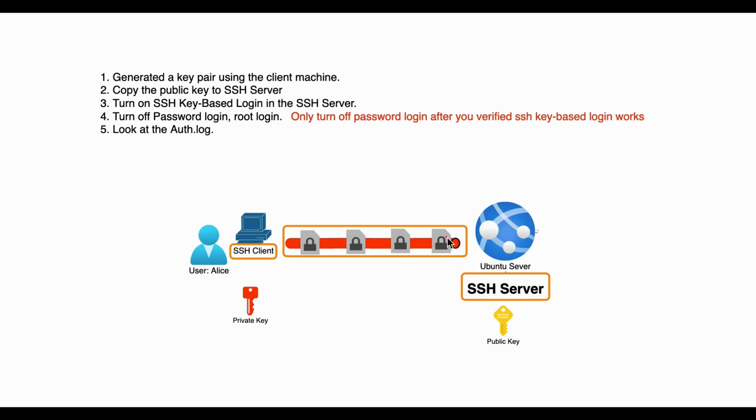login. So a couple of things to take note. I'll show you how to generate a key pair, and then how to copy the public key to the SSH server, turn on the SSH key-based login in the SSH server, and modify the SSH configuration.